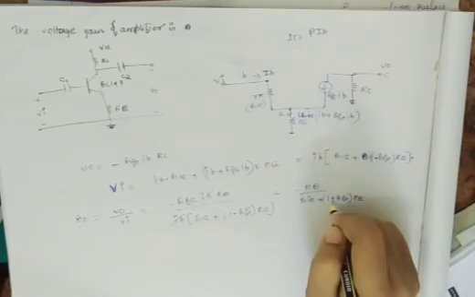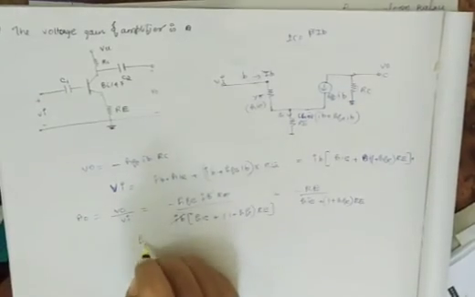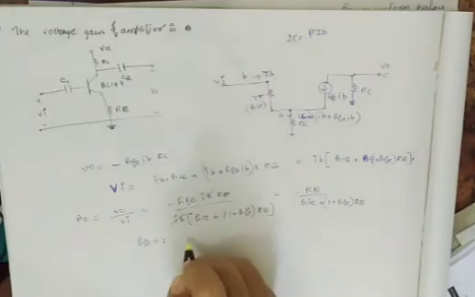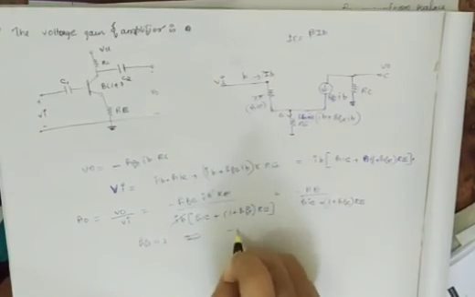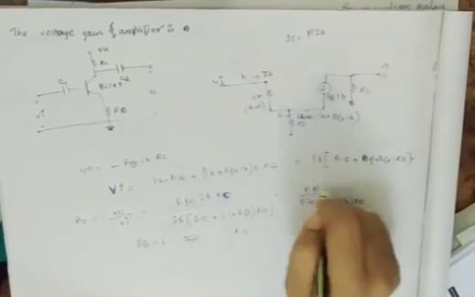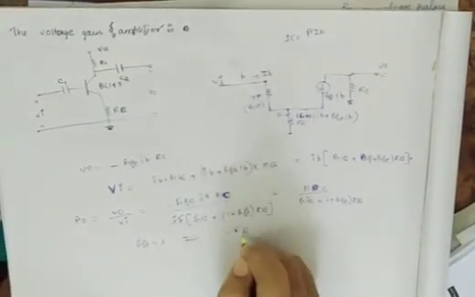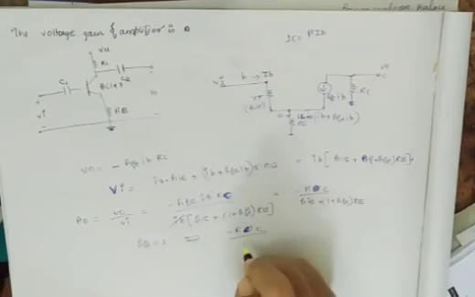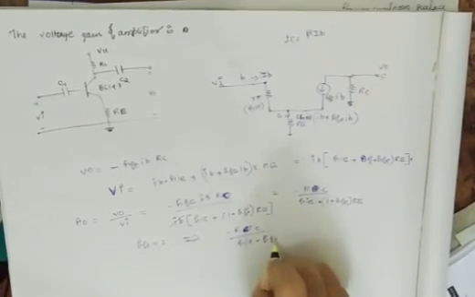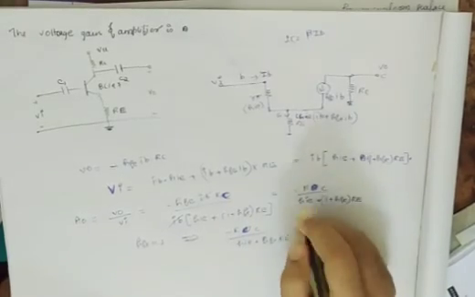HFE is very, very large compared to 1, so I am going to neglect 1. So what we will be getting is minus HFE RC divided by HIE plus HFE into RE.